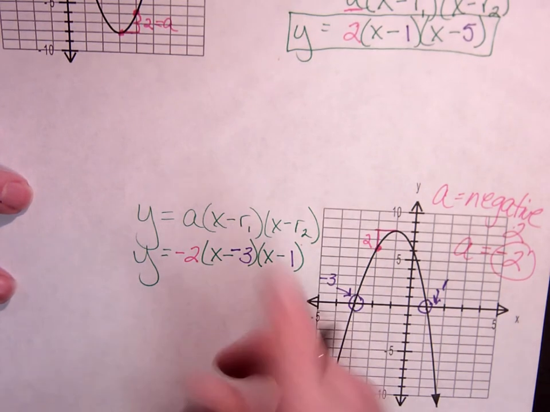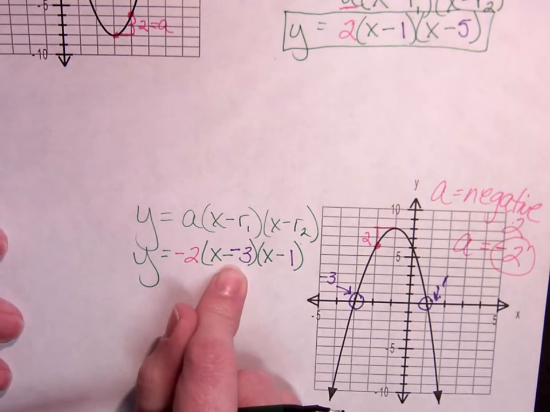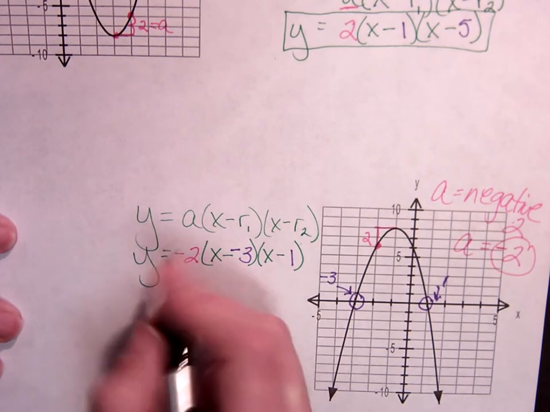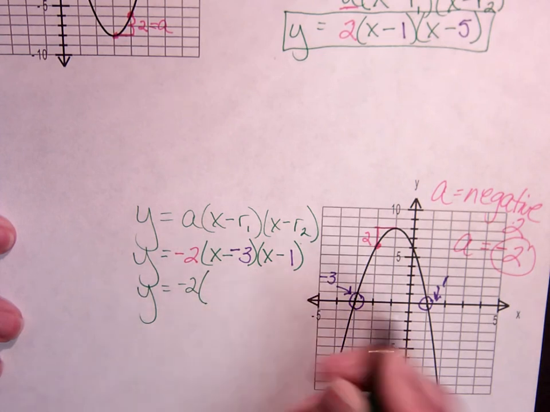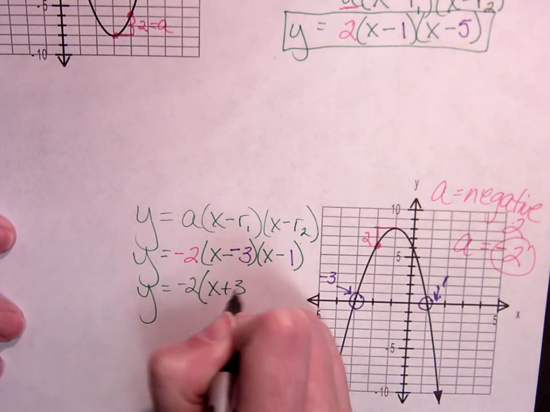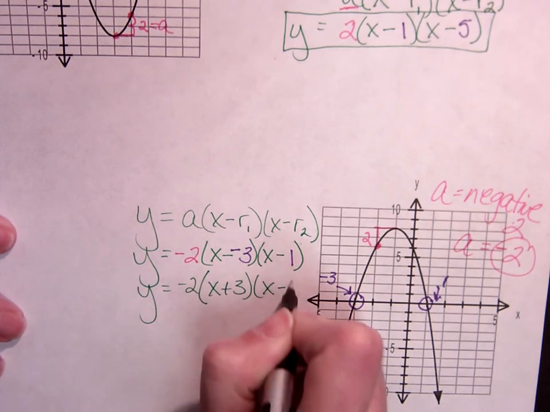Okay. I don't want to leave that minus a negative, or subtracting a negative, so we're going to rewrite: y equals negative 2 times x plus 3, x minus 1.